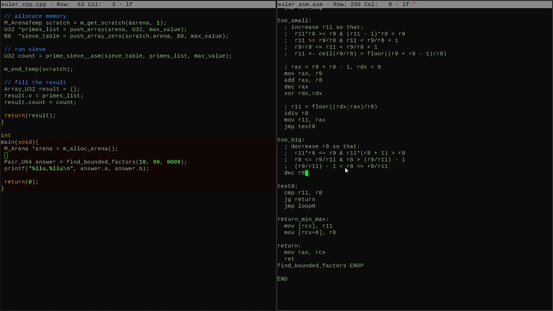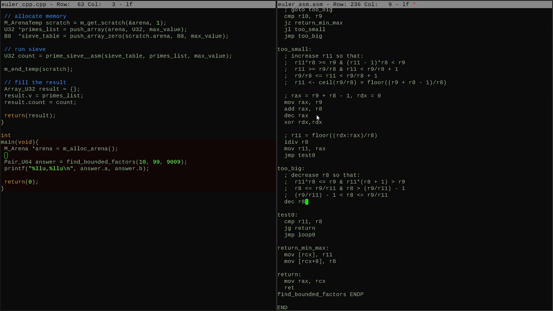Okay, so here what we're seeing is if this is already an integer, we want to keep it. So I think we don't have to do this fancy thing around like a ceiling divide. We want a floor divide here. And the reason for that is if R9 over R11 is an integer already, then that's the one we want.